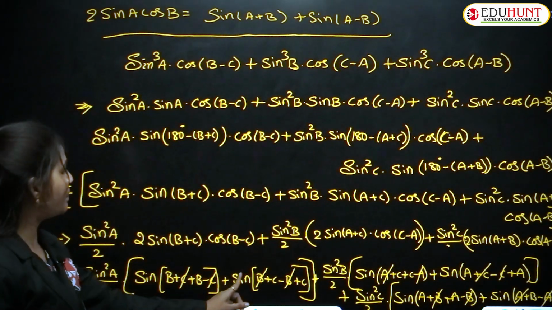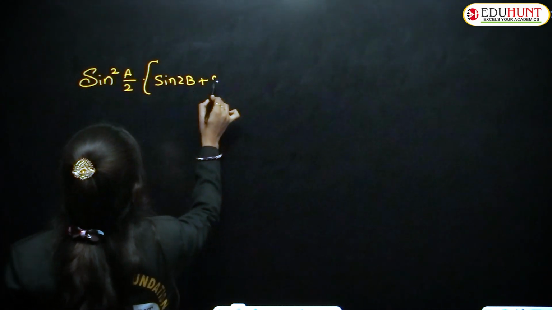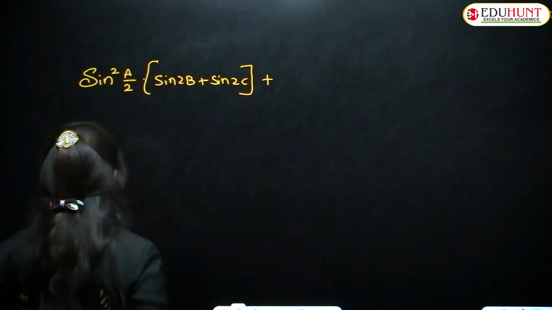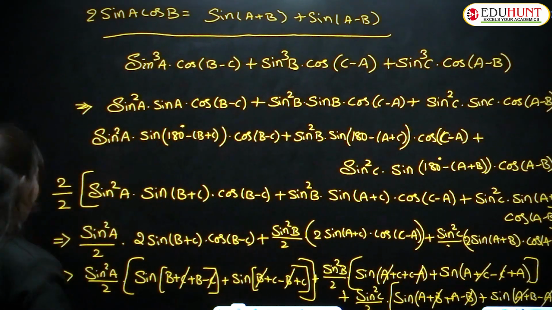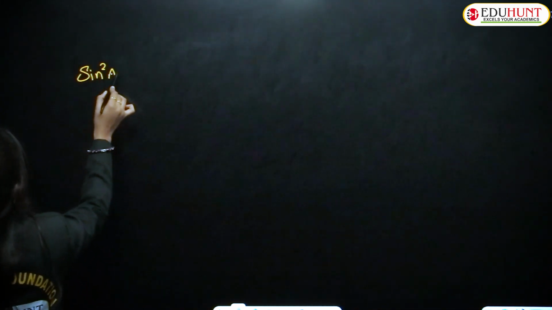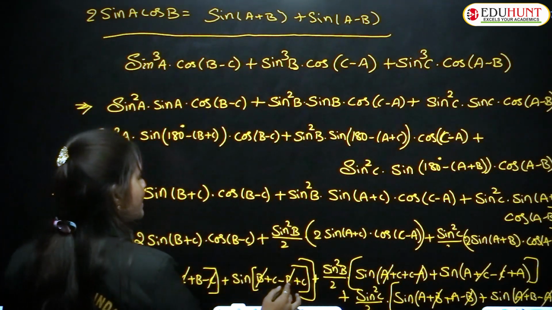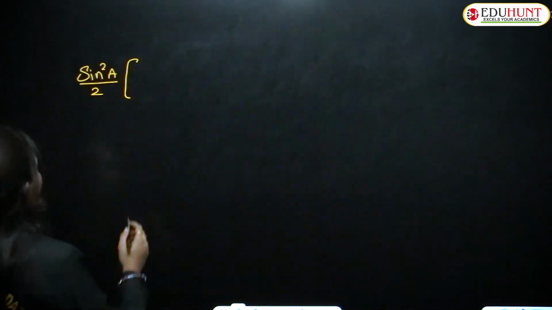So sin 2b plus sin 2c, plus here sin square b by 2. So sin square a by 2 into sin of b plus b is equal to 2b, and here c plus c is equal to 2c. So sin 2b plus sin 2c.